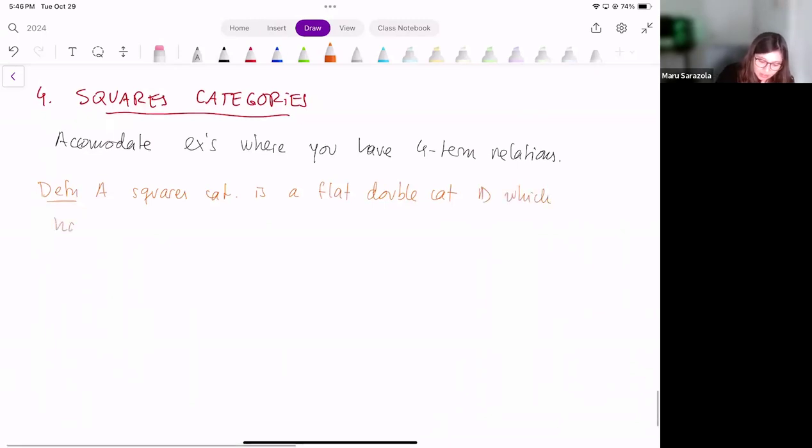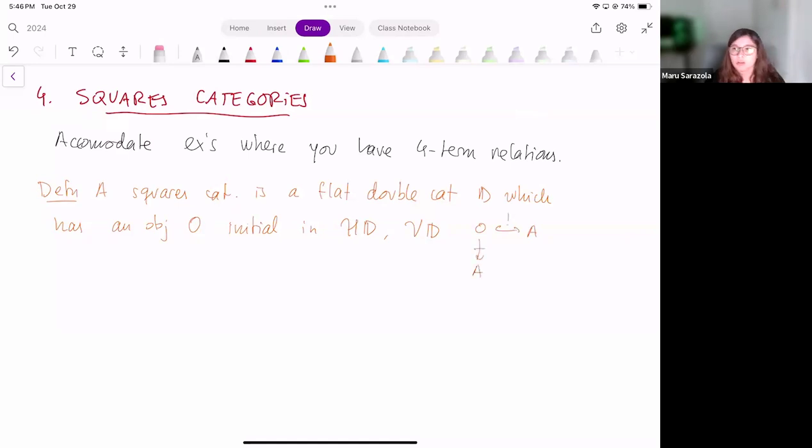It's a flat double category, which has an object 0, which is initial in the underlying horizontal category and in the underlying vertical category. So for each object A, I have a unique horizontal map from the 0, a unique vertical map from the 0, no other conditions, and this is it.